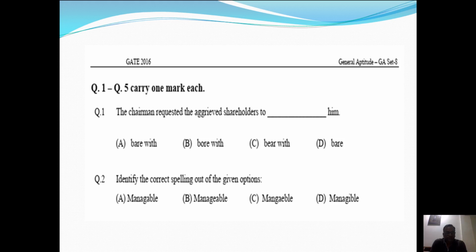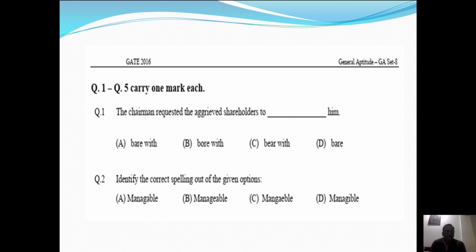Question number 1. See how they ask in the examination. At first look, you can find that it is very easy. But if you go deep to get the correct information, you will find that some really tricky things are hidden, and you need to find them out, and only then will it help you solve it.